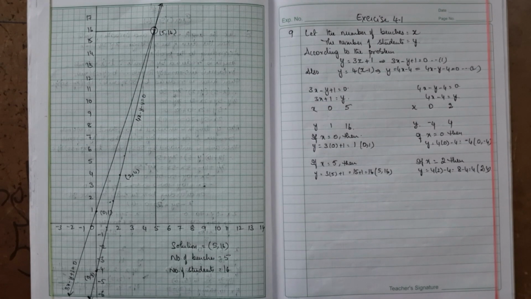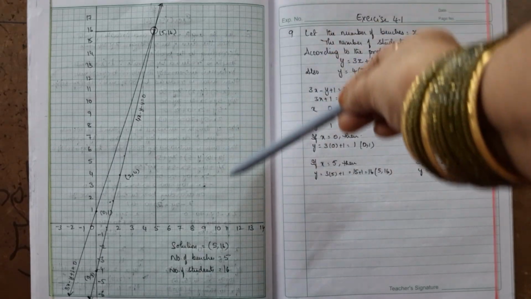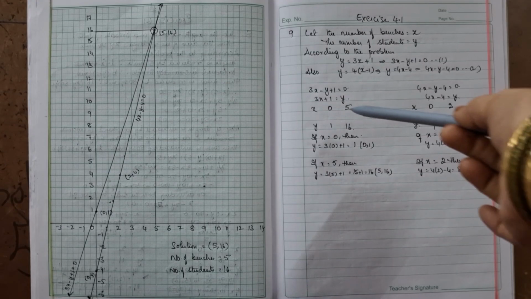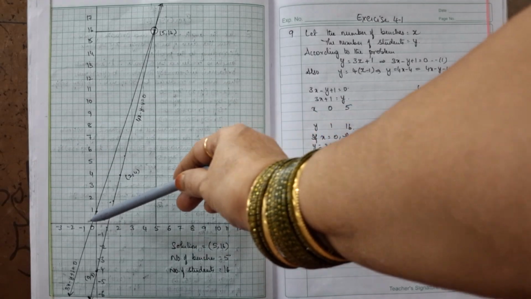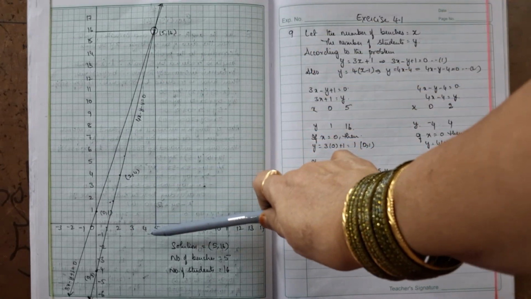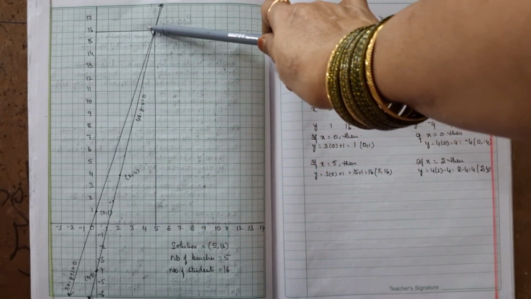So first one I have taken, I have forgotten to write here also, children, units. So write down units. On x-axis it is 1 centimeter is 1 unit and on y-axis 1 centimeter is 1 unit. Don't forget, children. So scale is very important. So 0, 1. This is 0, 1. 5, 16. This is 5 and 16 is here.